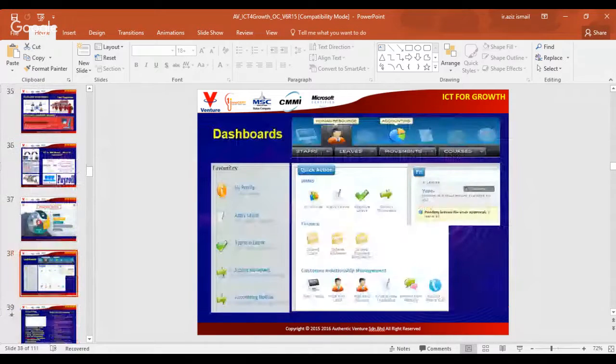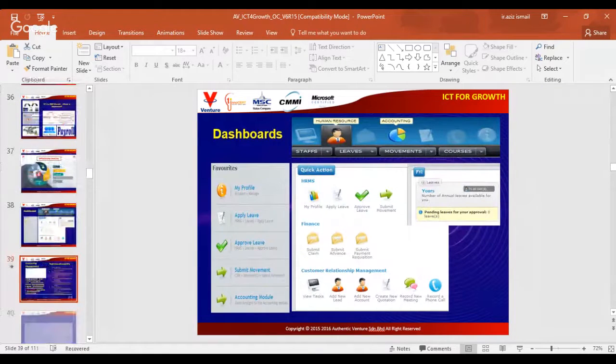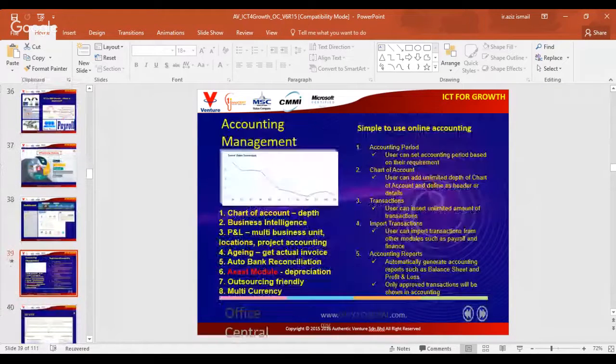A little bit about Office Central. From the dashboard, you get to many modules. You can click a module and immediately move into the various functions under the module. So you have accounting management. We are going to focus on accounting management.